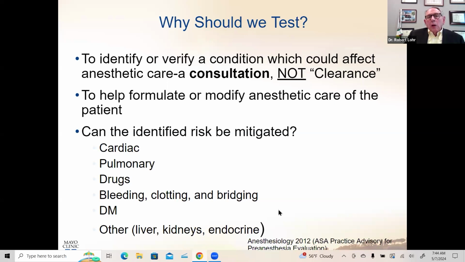Now, there are a couple of other questions that you should also be asking in terms of drugs. Are they on steroids, prednisone? Because those patients may or may not, depending on the dose and the duration, need supplementation of the steroid. And their smoking history and alcohol history are both important, particularly the alcohol history. Patients who go through alcohol withdrawal postoperatively, it's stormy, let me put it that way.